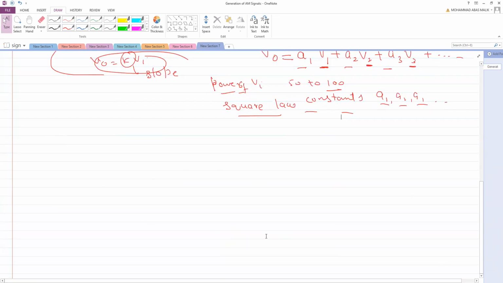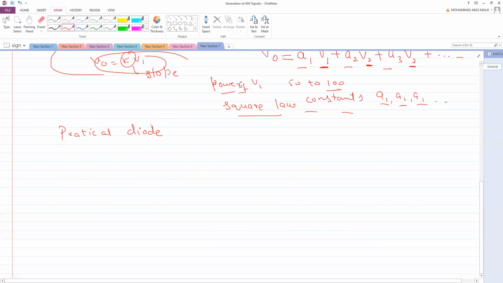Now, before going further, I will draw the diode characteristics. Everybody knows, you have studied in basic electronics, the practical diode characteristics. Why is this needed? Because the scalar device here will be a diode. Diode is a scalar device.